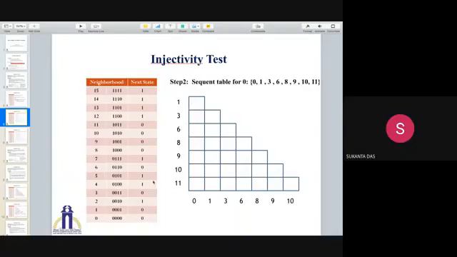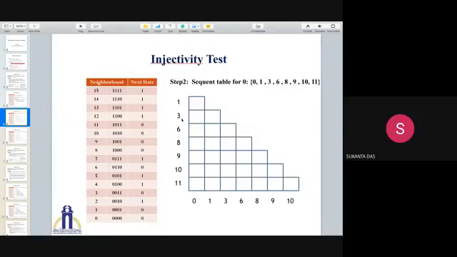Please note that this is arbitrary. From 1, you can put here 6, you can put here 8, there is no problem. So we are putting it in this way, 0, 3. In this way, we are forming a table.